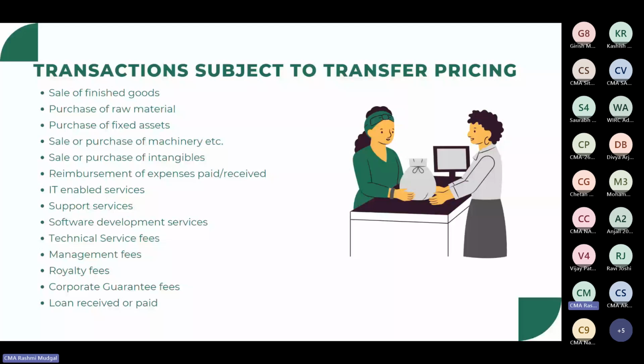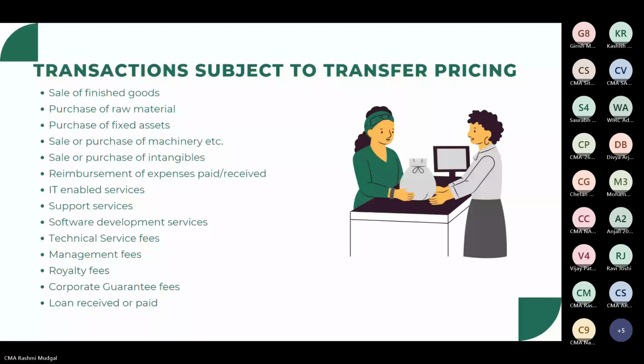So if I am doing the reimbursement, I have to think about transfer pricing. I cannot reimburse every amount that will be charged to me. I see whether this is related to me or not. And if it is for the whole group, do I need to pay the whole amount or maybe as per a ratio, like I mentioned? So this is also an area where transfer pricing comes into the picture.